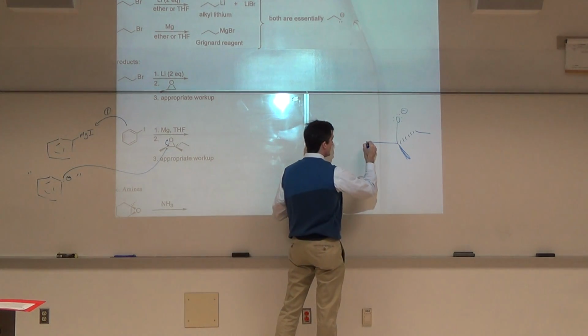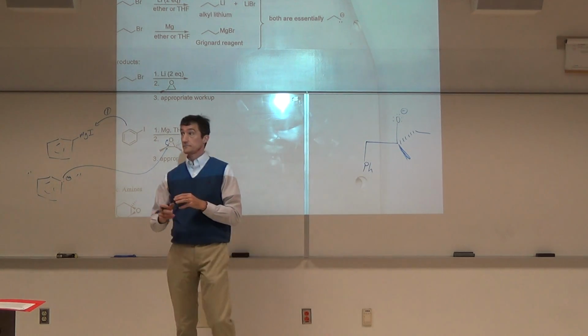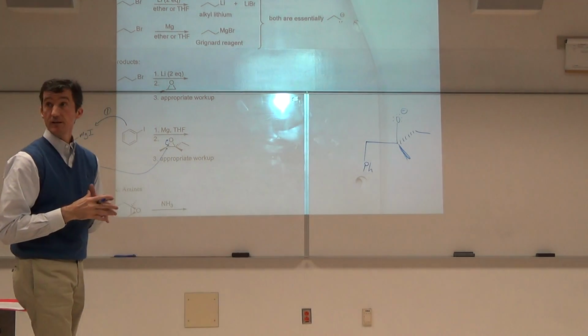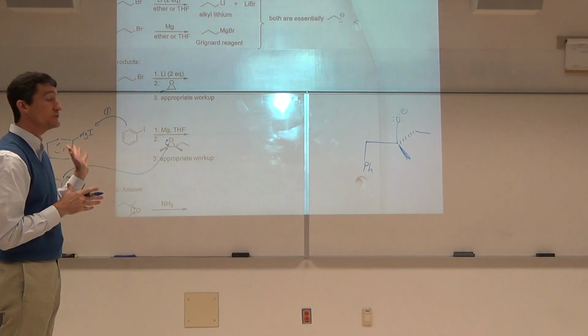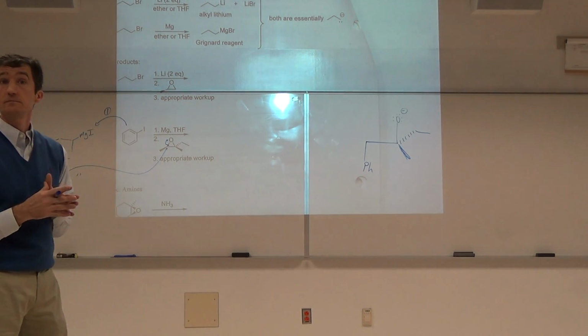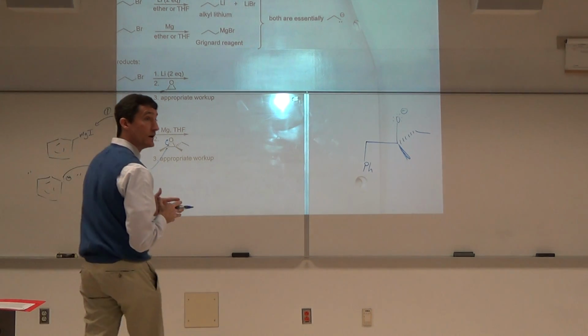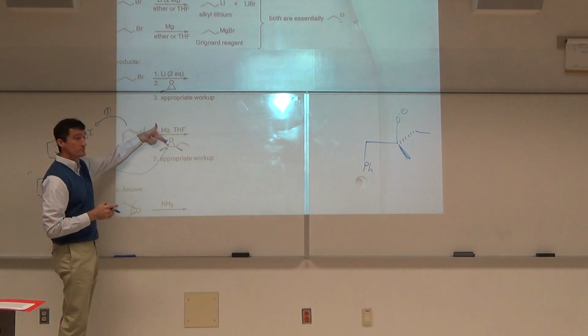I'm going to draw the benzene ring, which I'm going to note as phenyl, straight down, right? Why straight down? How's the leaving group on that carbon? Is the leaving group forward, back, or straight up? Warren? The oxygen is straight up.